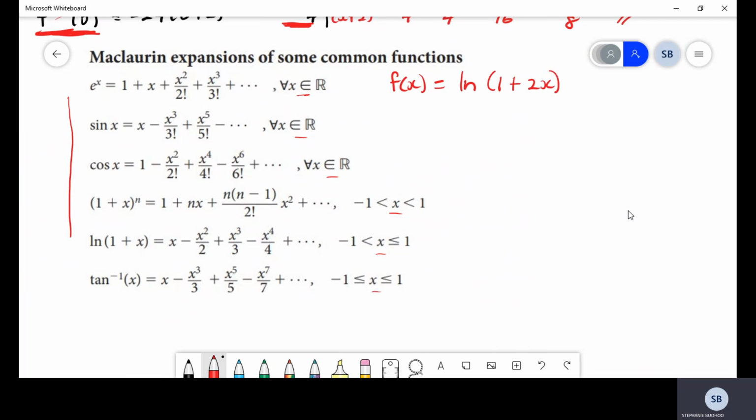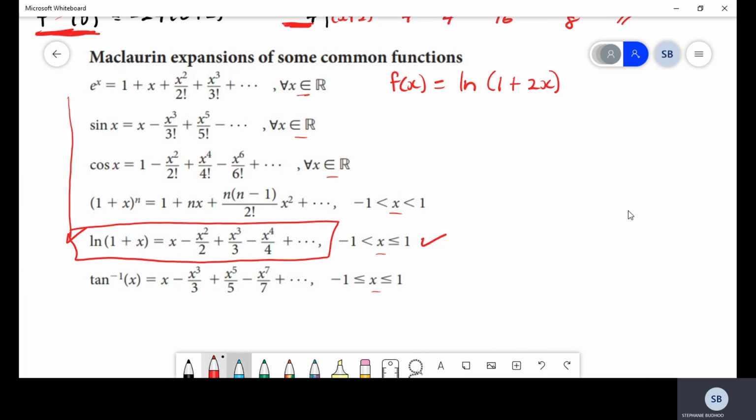Well, if you observe down here, this is a standard expansion for ln of 1 plus x. So by extension, you can apply this standard expansion to suit the question they have given you.